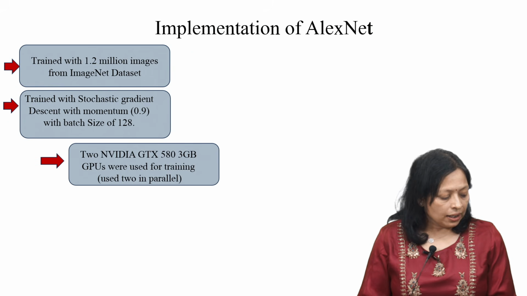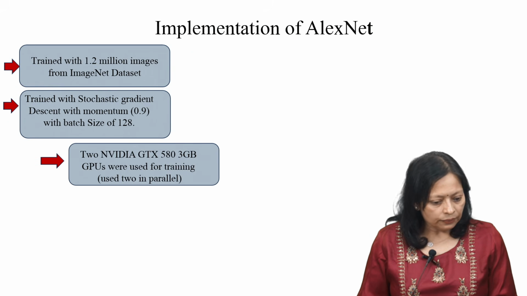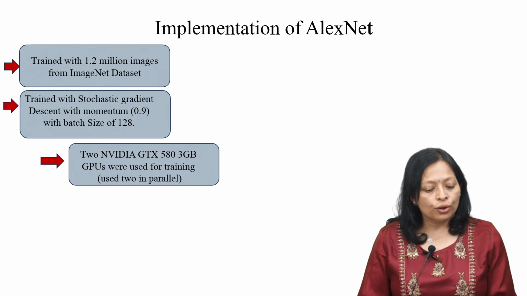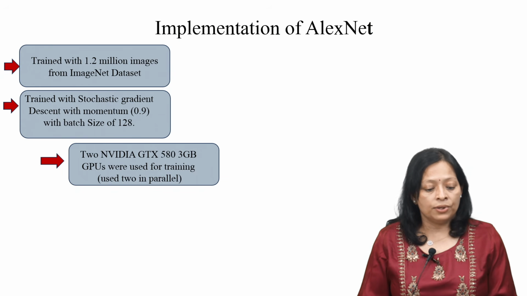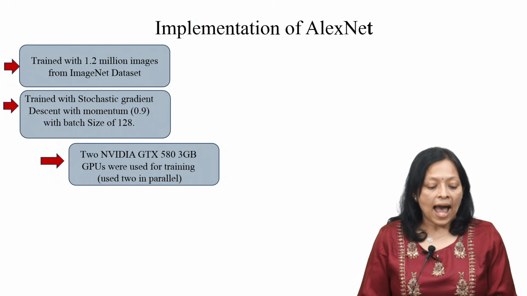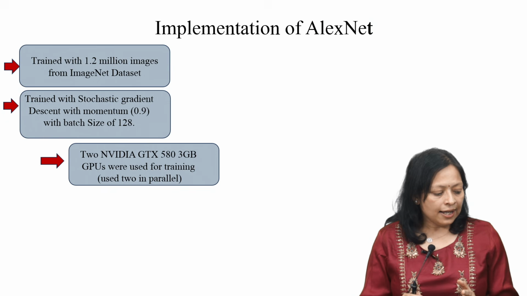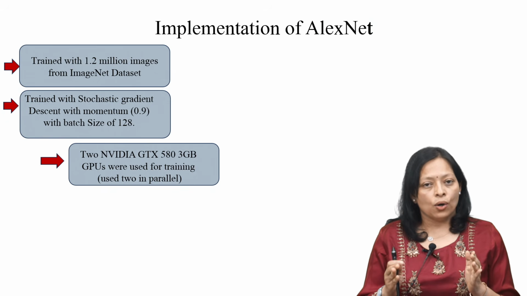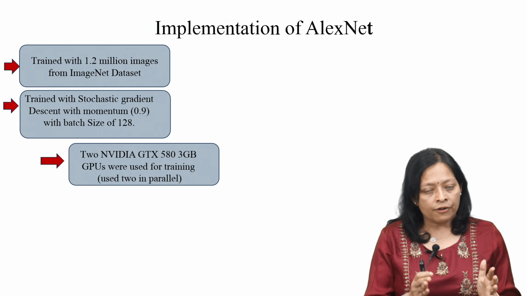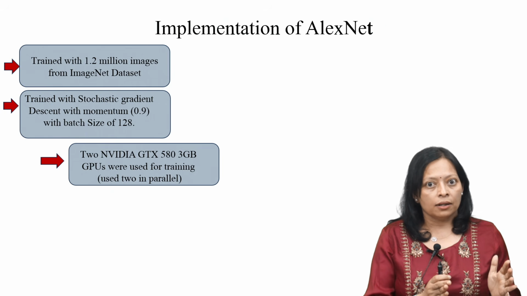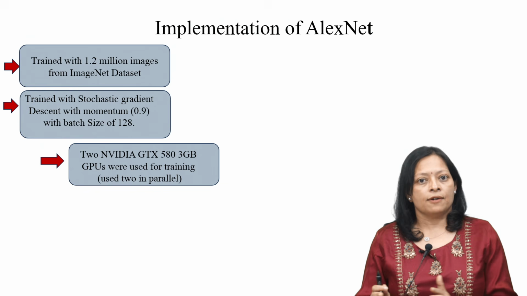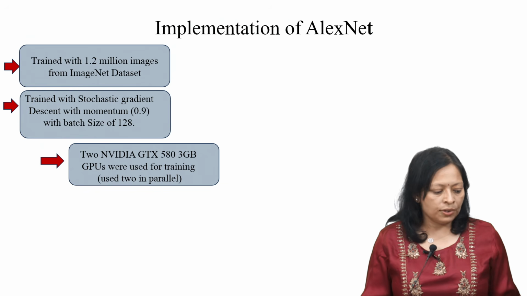And then they used two NVIDIA GTX 580 3GB GPUs for training, and they used these two in parallel. They split the model across the two GPUs. Half of the kernels were sent to one GPU, and the other half were sent to the other GPU.